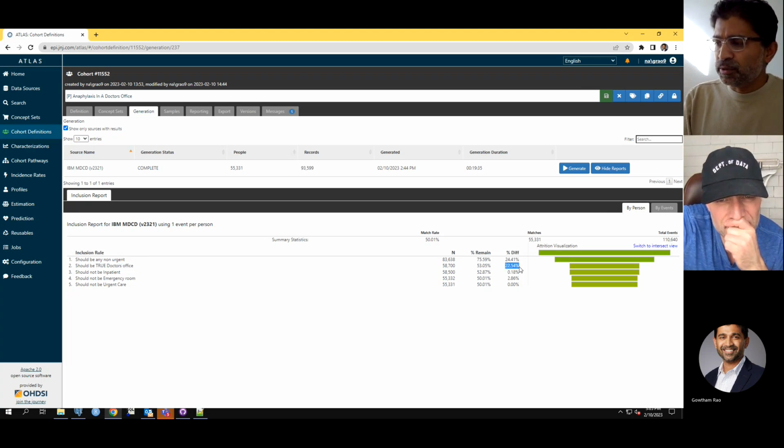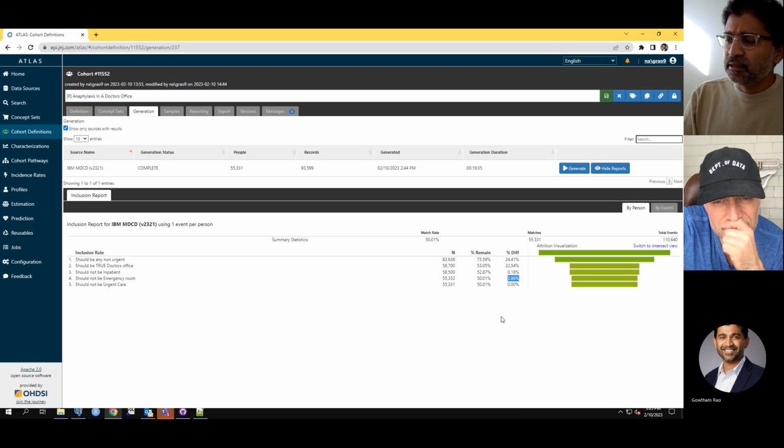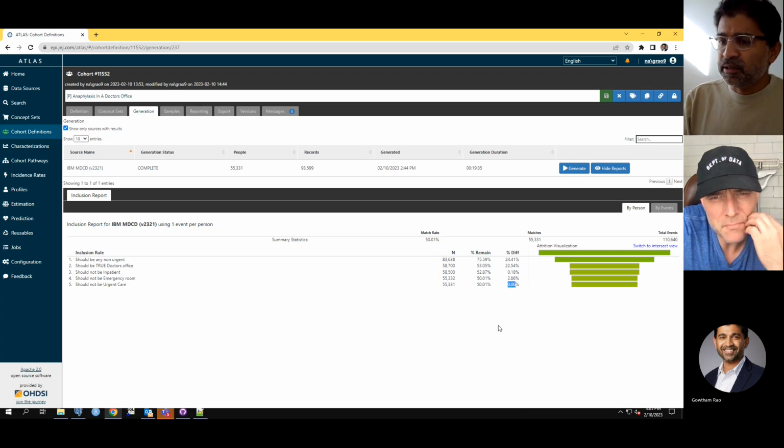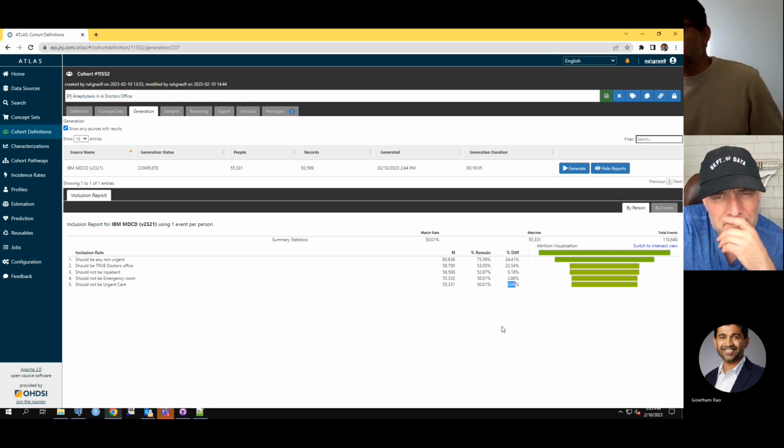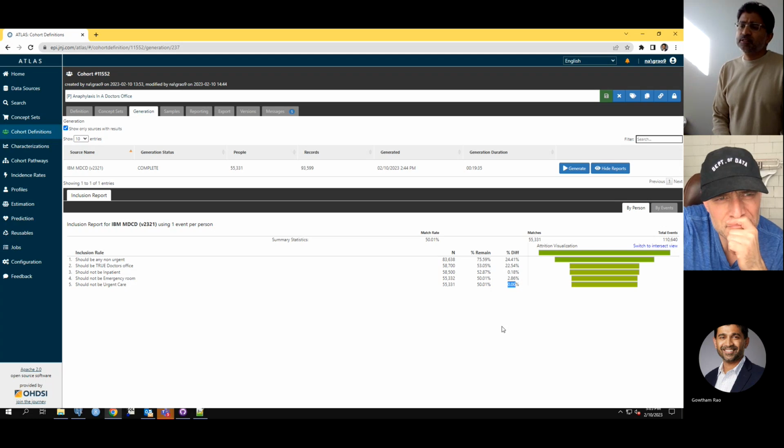We lose another 22%, but we are left with 53%. That's a lot. Simultaneously inpatient, only 0.18. Simultaneously ER, only 2.86%. So this is in line with the expectations.